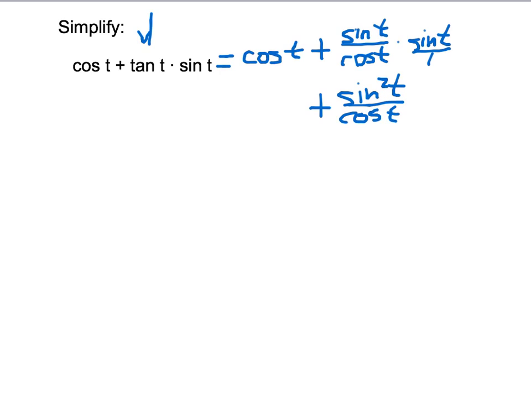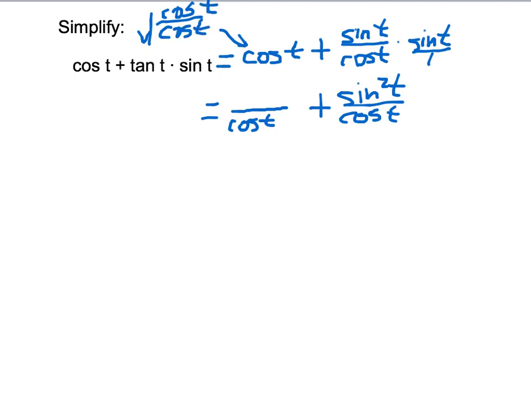Over here on the left, I didn't do anything with it right away. I'm going to bring down my equal sign here. But it looks like I have to do an addition here. I have a fraction over here on the right. So if I'm going to make a fraction with the common denominator, that common denominator needs to be cosine of t. And so in other words, what I did here was I multiplied this by cosine over cosine.